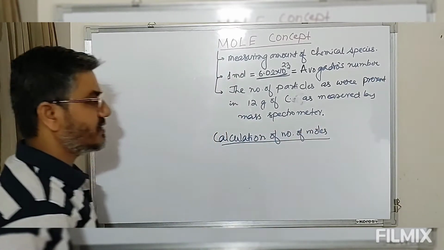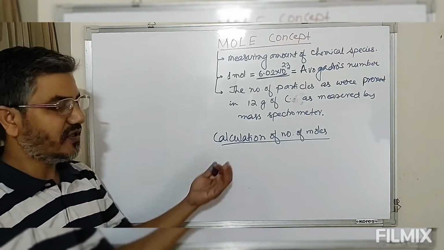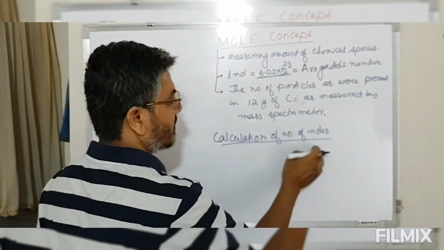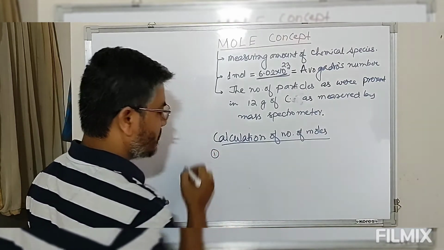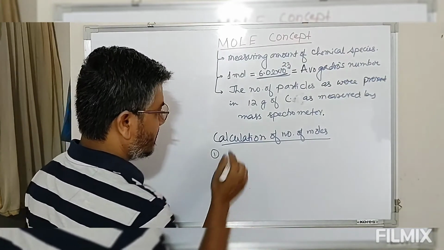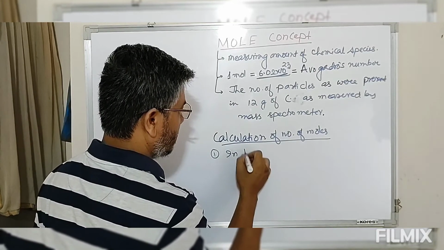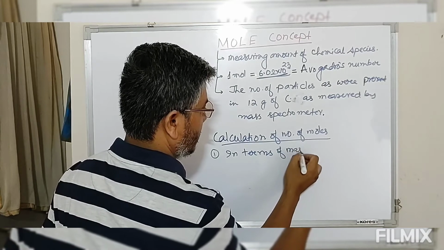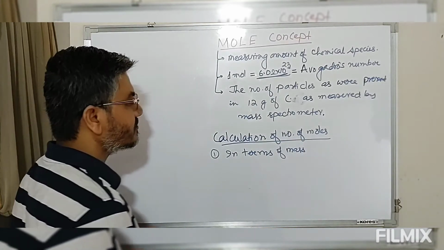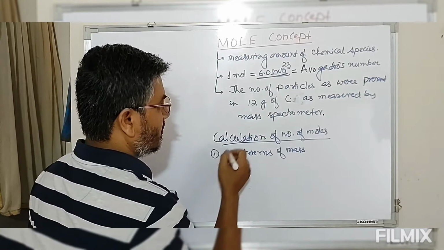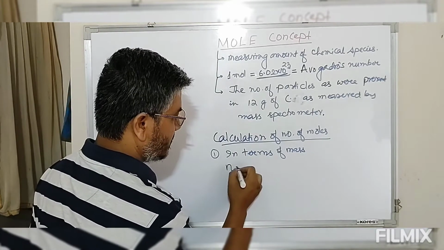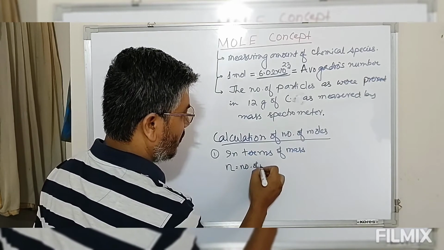So in a given substance, how to find how many moles of the substance is present? Now we have various methods to calculate the number of moles. So let's take the first method, that is in terms of mass of the substance. So now number of moles is defined by this small n, which is equal to number of moles.